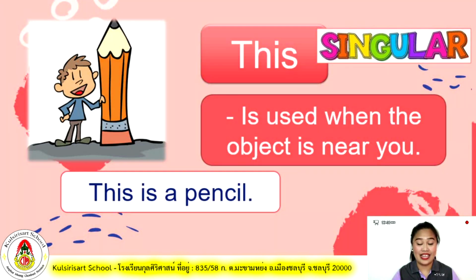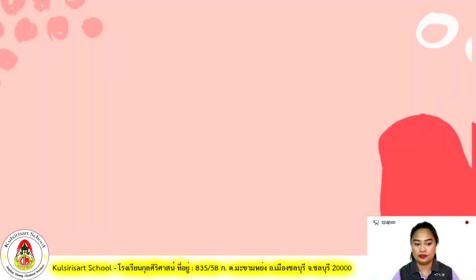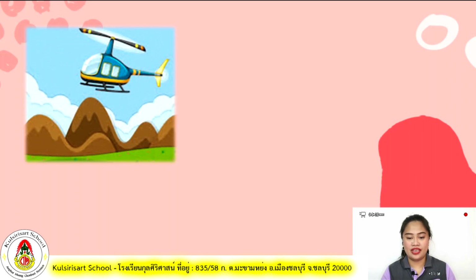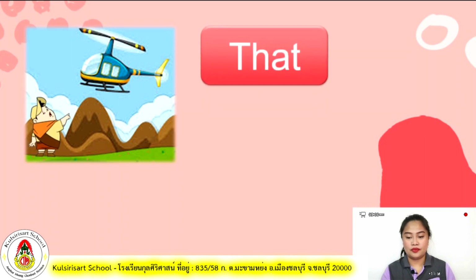Next, we have here another picture. We have here a helicopter, and there is a boy pointing to the helicopter. Now, what pronoun will be used with this picture? We will be using that. Can you say it again? Say that.